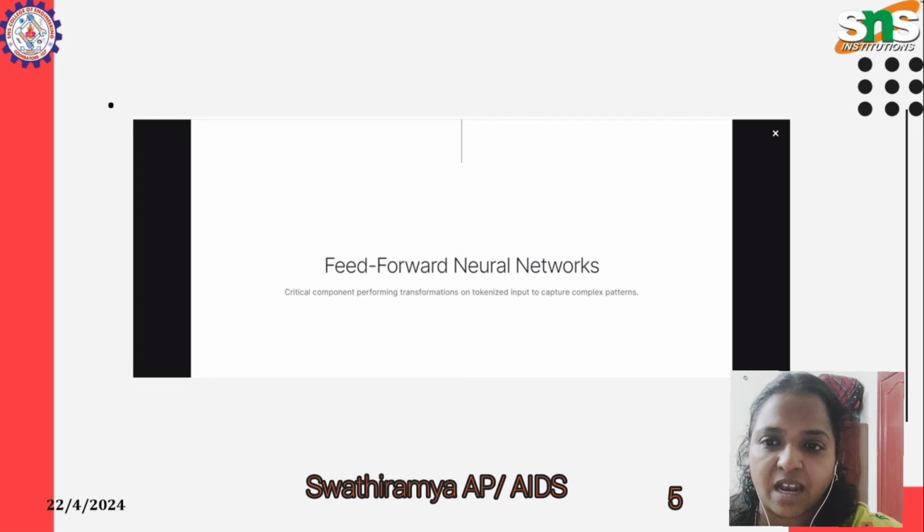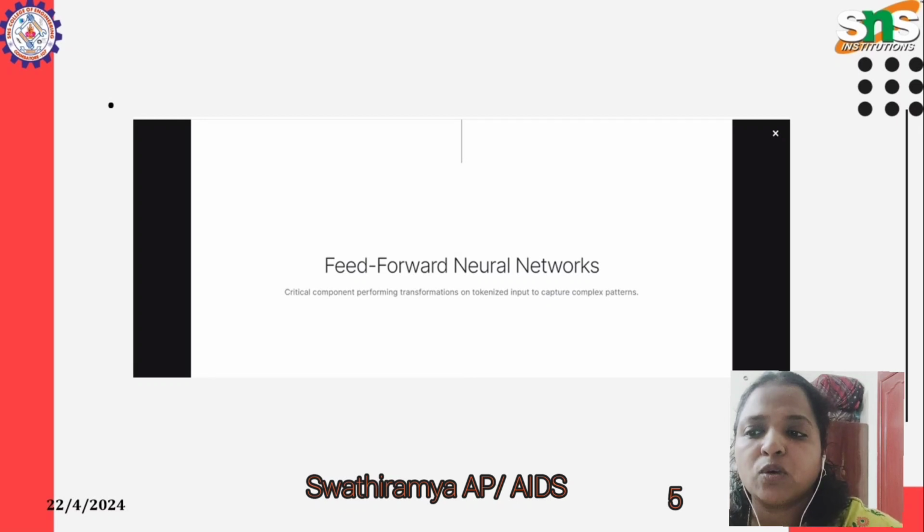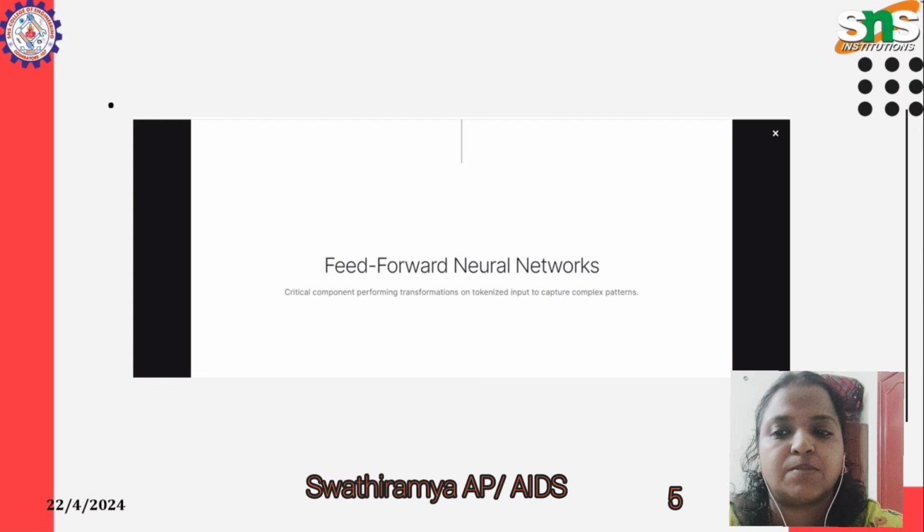This FFNN consists of multiple layers of linear transformation followed by non-linear activation functions, such as the rectified linear unit. This FFNN enables the model to capture complex patterns and relationships within the input data and facilitates the generation of conceptually rich representations.